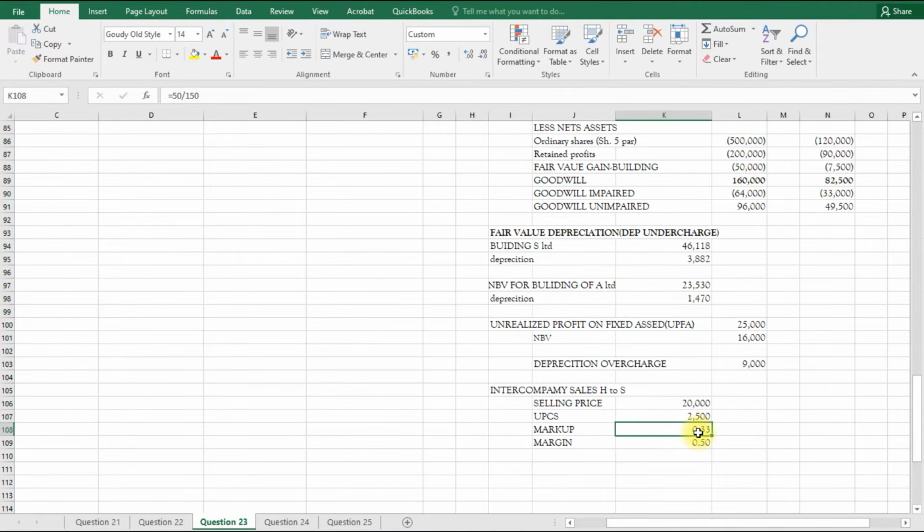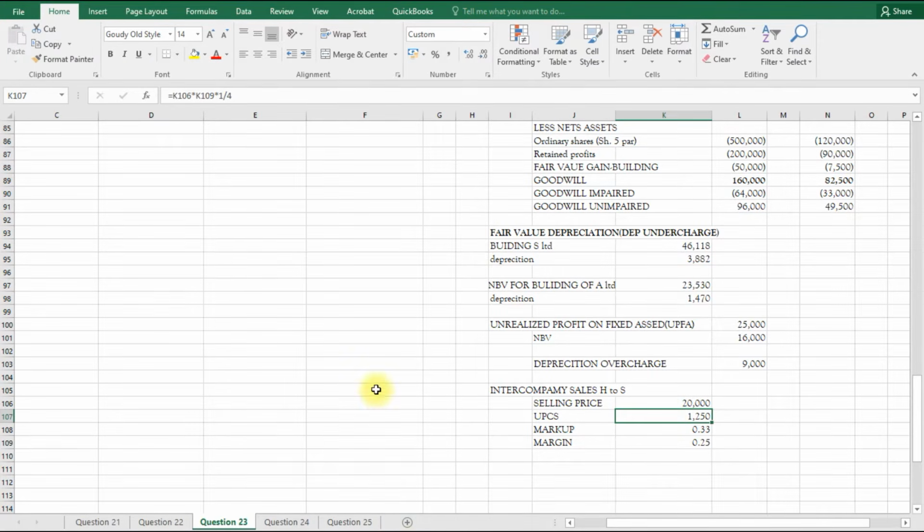The margin will not be a half, but a quarter, 1/4, which is 0.25, and therefore our UPCS will be 1,250. That will be our UPCS.